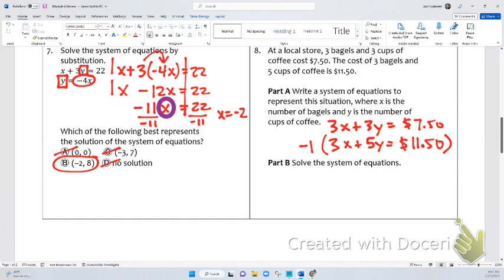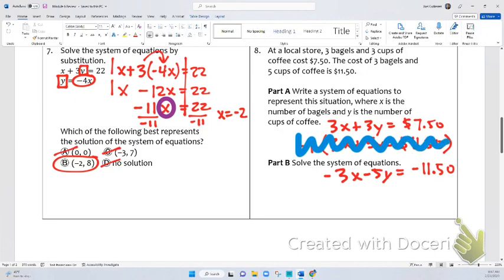So when I do this, this would give me a negative 3x, a negative 5y, and now instead of a positive $11.50, this gives me a negative $11.50. We technically no longer need that, so I'm going to scratch it out so it doesn't confuse anyone. And then as always, you add straight down.